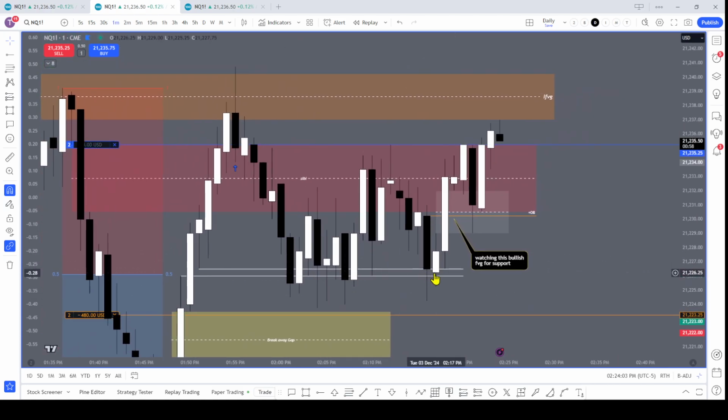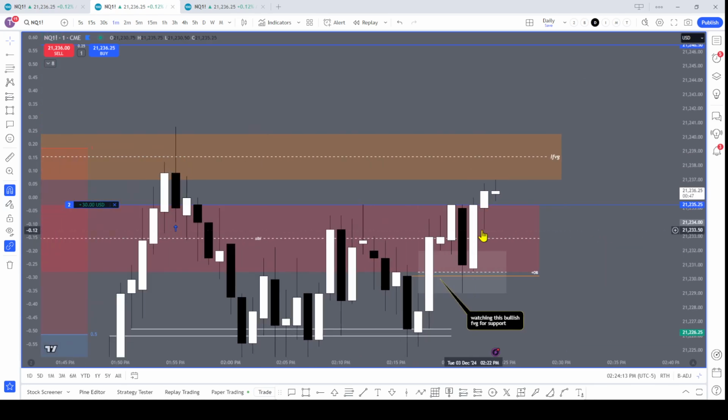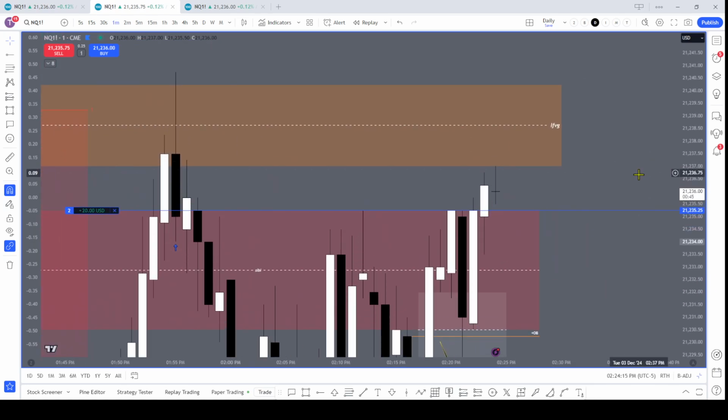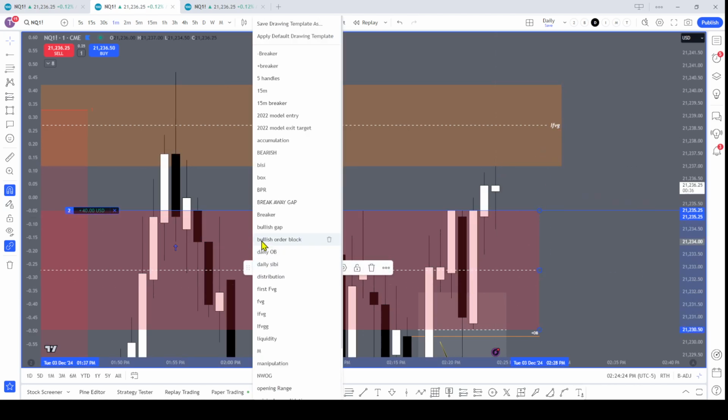Slowly, slowly, started respecting them, going higher, disrespecting SIBIs and bearish order flow, disrespecting it higher. Came and, look, okay, touched the bottom of that higher inversion fair value gap. I'm going to recategorize this.